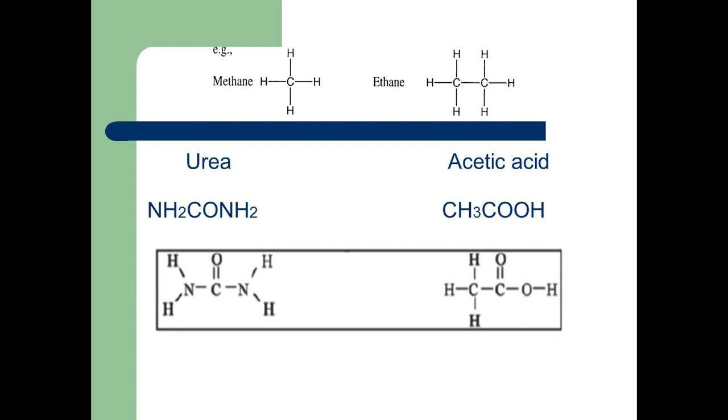Because that O is attached from the other side to hydrogen. So the number of bonds surrounding carbon must be 4, oxygen must be 2, hydrogen must be 1, but nitrogen must be 3. So this is the preferable form. Why is the structural formula more preferable than the molecular one? Because it gives us details about the compound.